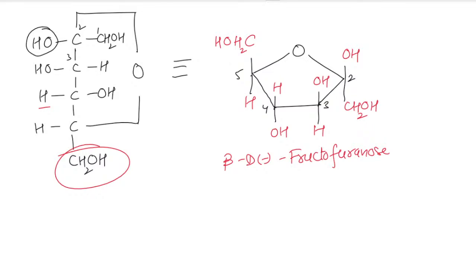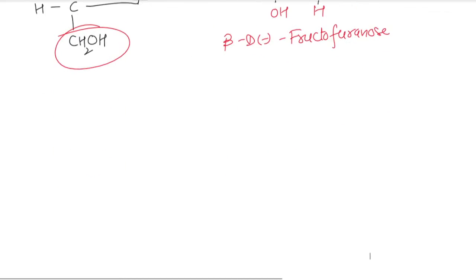Now the question should come to mind: fructose has a keto group, and you know, ketones do not reduce Tollens reagent or Fehling's solution. So how will this happen in fructose? Because fructose has a keto group, but it is a reducing sugar.